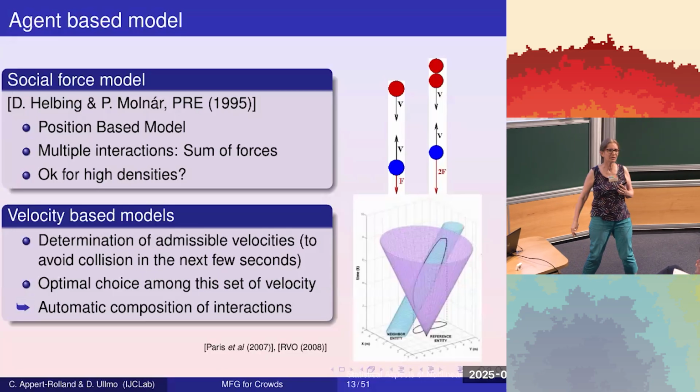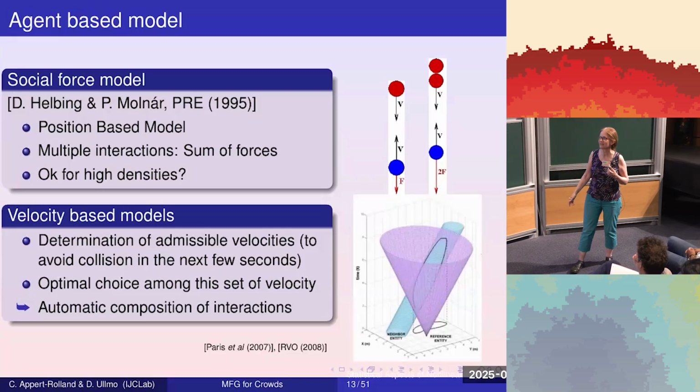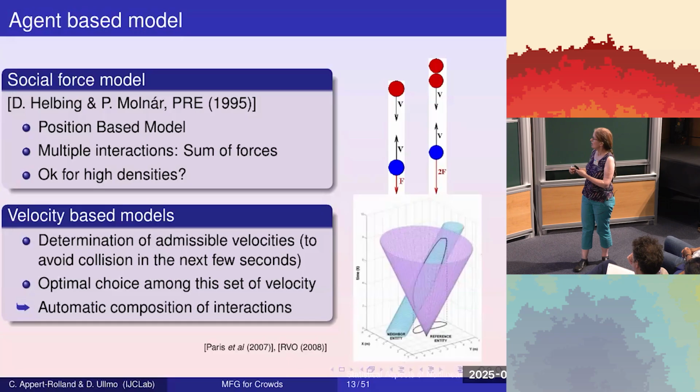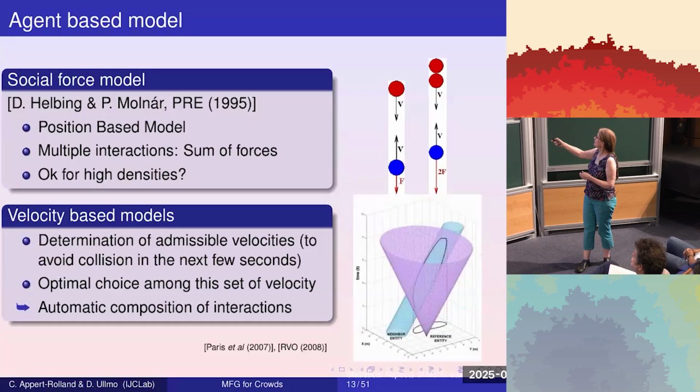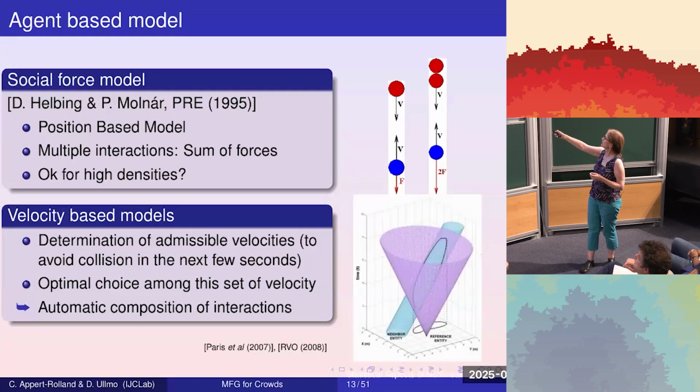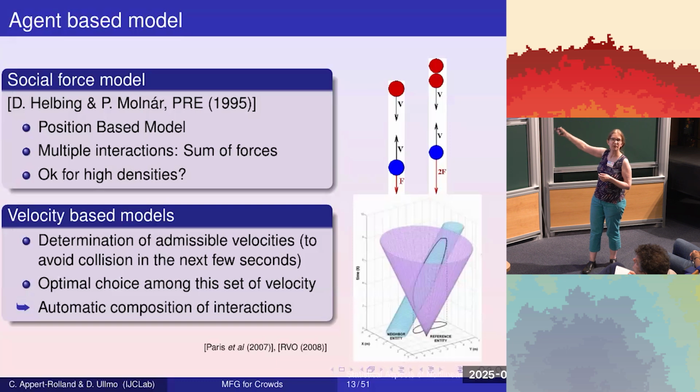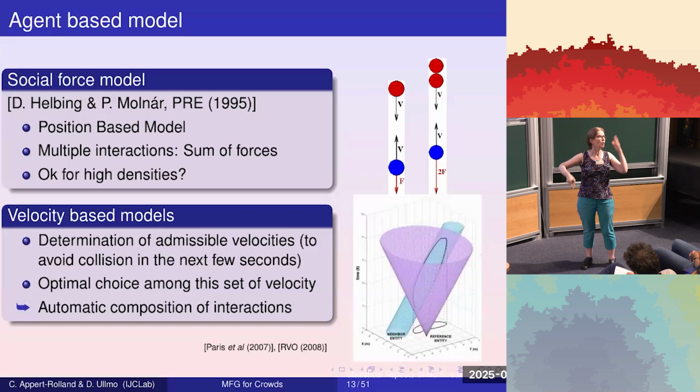You have to define what "best" means. For example, here you see in purple a set of velocities, and then the neighbor, when it crosses, suppresses some velocities. And you could remove more velocities if you had more neighbors with a risk of collision.